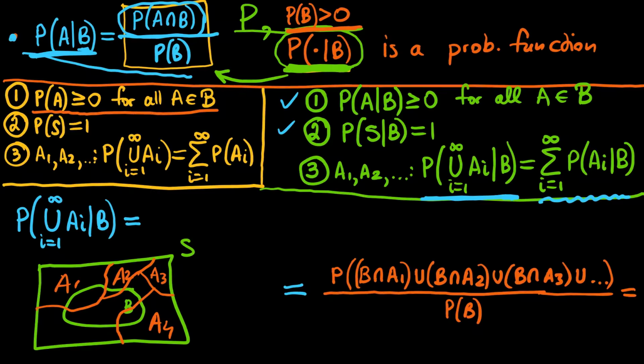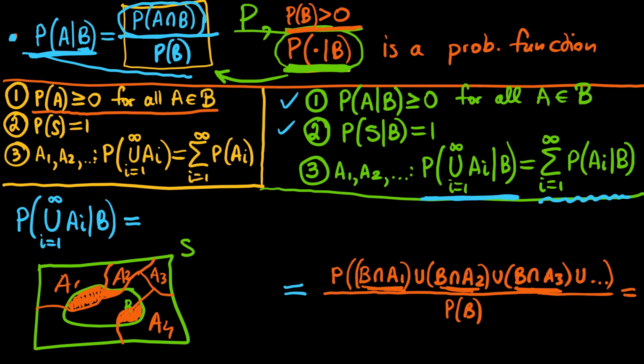Now let's look at these sets. B intersection with A1 is this part of B, right? B intersection with A2 is this other part of B, which is disjoint from the previous one. B intersection A3, well, there's nothing at the intersection of B and A3, but it is disjoint from the other two sets that we just colored. And B intersection with A4 would be this one.